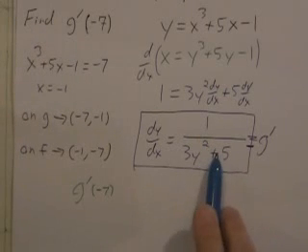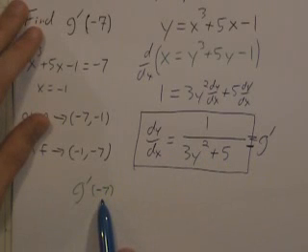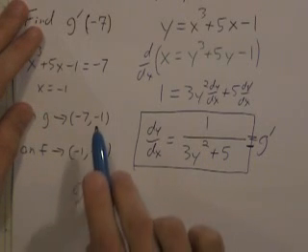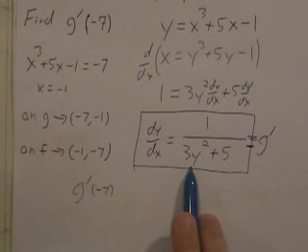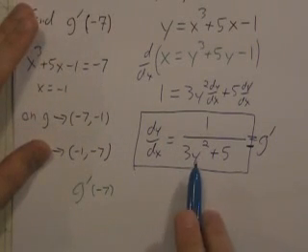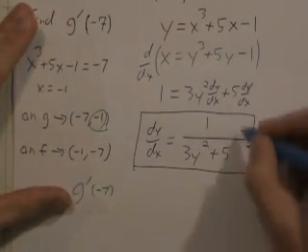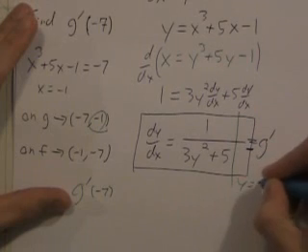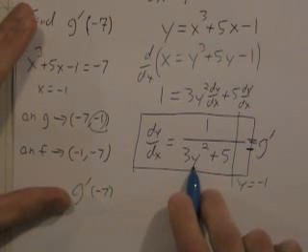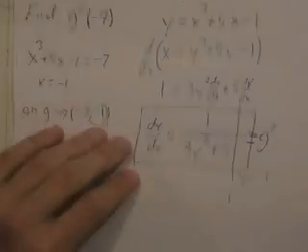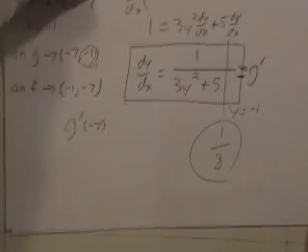We need the y coordinate on g that corresponds to x equaling -7. We already found it, so all we have to do is plug in -1 for y. That gives you 3 times -1 squared is 3, plus 5 is 8, so 1/8. And that is method 3.